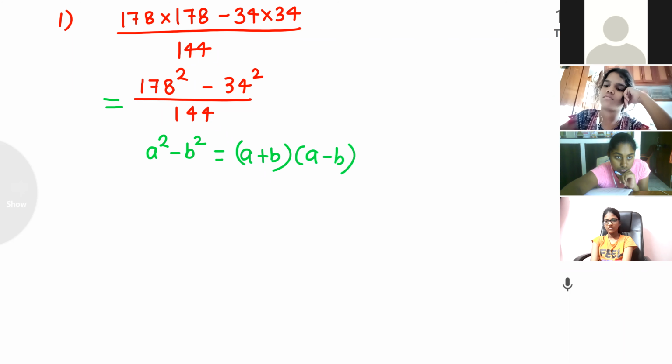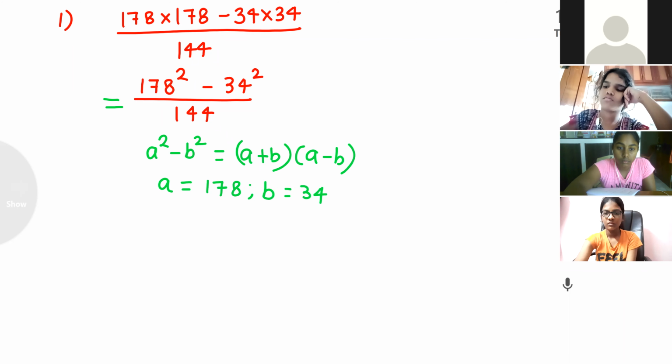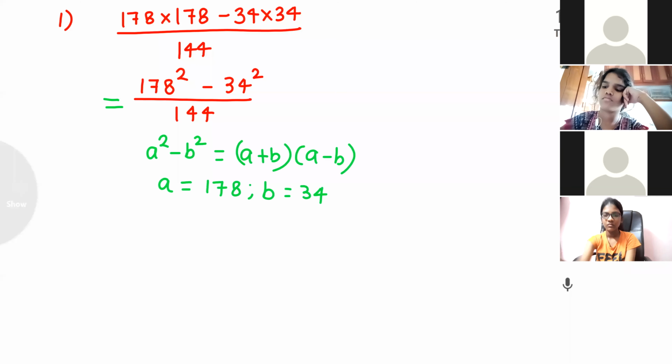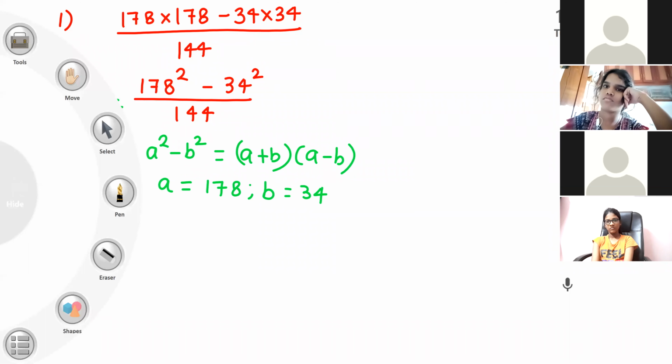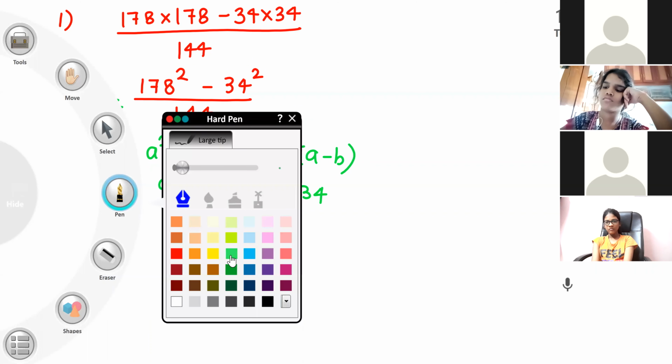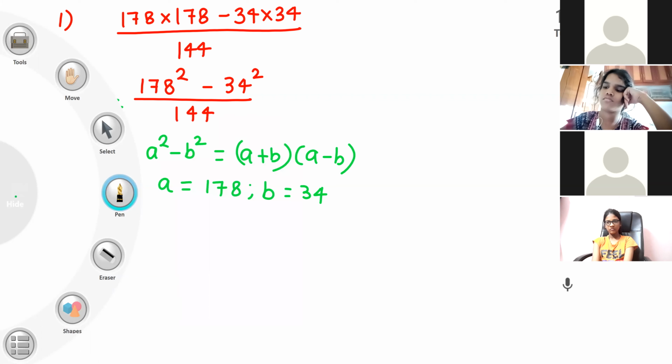The value of a is 178, the value of b is 34. This formula we are applying only in the numerator, not in the denominator. We are not touching anything in the denominator. Only we are going to apply the formula in the numerator.